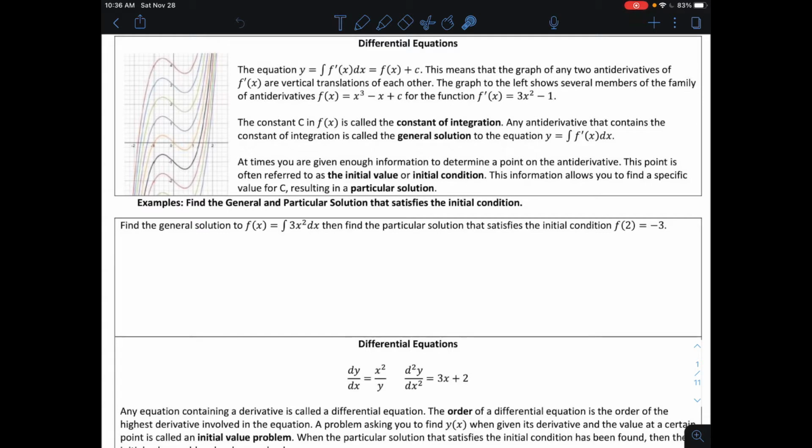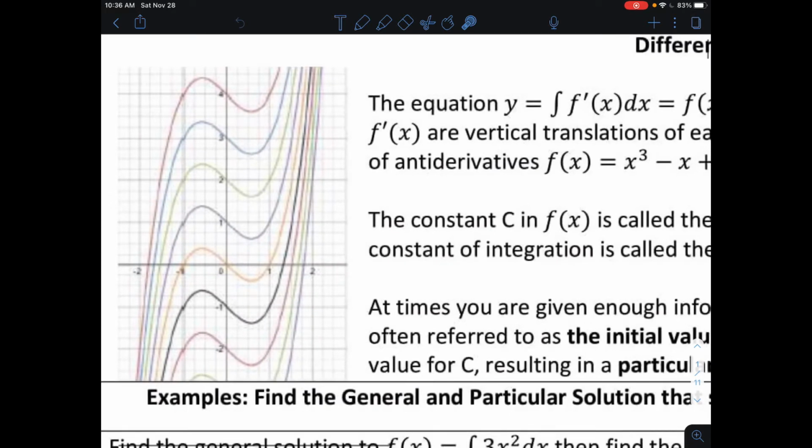It's considered a general solution because we would end up with a plus c on the end, the constant of integration, which means that graphically, anytime I ended up with a general solution, I created a family of functions where, depending upon what c is, our general solution would represent any of these possible graphs here. Now, this is just for a general equation, but depending upon what c is, I could be any of the graphs that are listed, or possibly even more that are not inside of the viewing window.